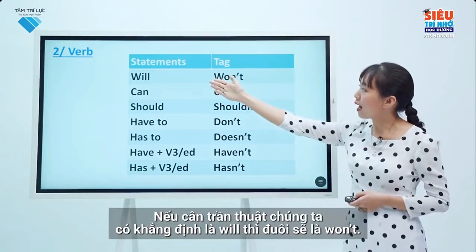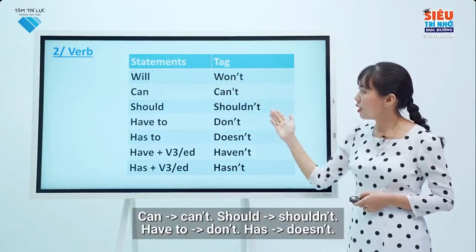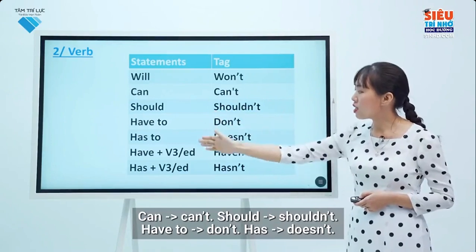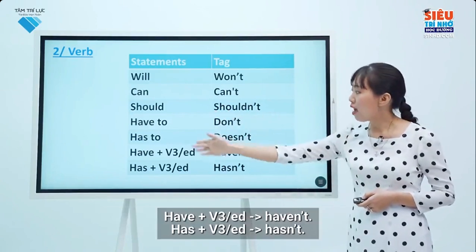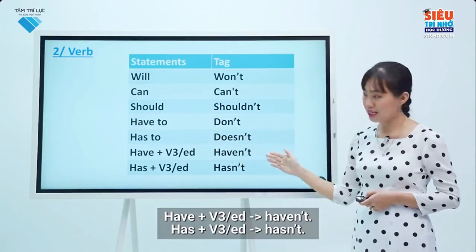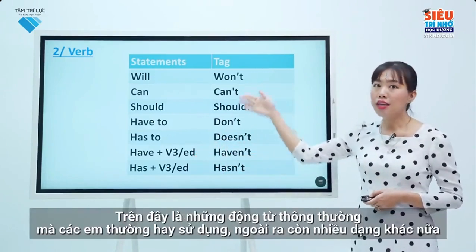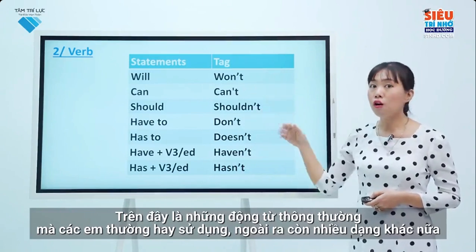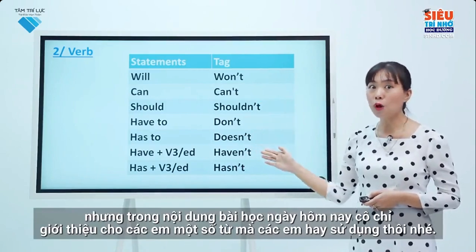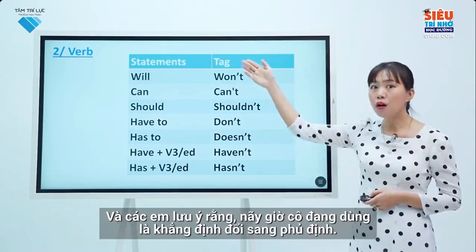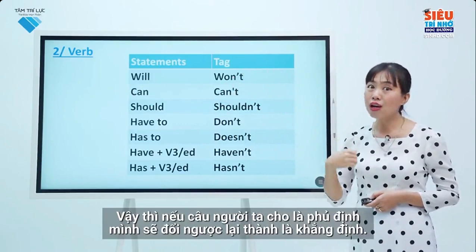If the affirmative statement is will, then the tag is won't, can, can't, should, shouldn't, have to, don't, has to, doesn't. However, if the statement is in present perfect tense, have plus V3/ed, haven't, has plus V3/ed, hasn't. These are common verbs you usually use. There are many more different types. In today's lesson, I will only introduce you to some common verbs. And please notice that I have been changing from affirmative to negative. So, if the given sentence is negative, we will change it to affirmative.